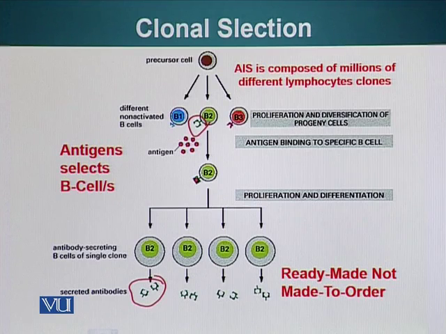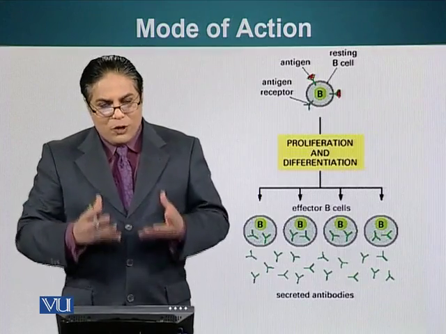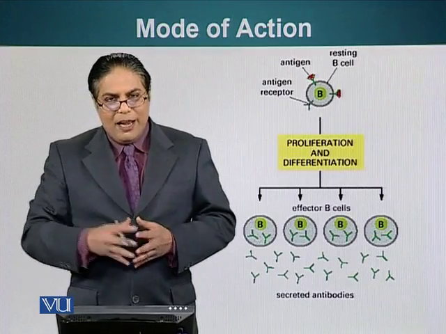If it were made to order, when the antigen comes in, our immune system would have to customize antibodies that can bind to that specific antigen. That would have taken much longer. So our immune system is ready-made and not made to order. A very, very impressive way to neutralize the offending pathogens.